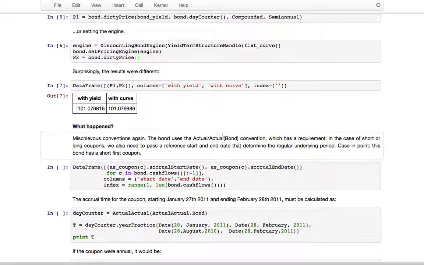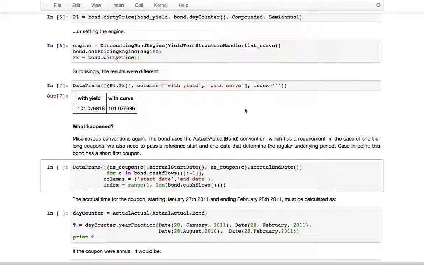The problem with this one, as opposed to several others in the library, is that this particular day count convention requires a reference period for its calculation. So we can't just pass the start and end date between which we want to accrue. We also need to pass some kind of reference period underlying the coupon.